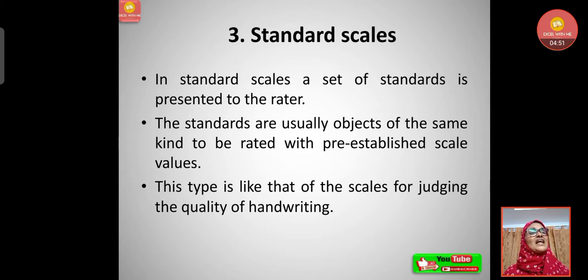The third one is standard scales. In standard scales, a set of standards is presented to the rater. Now the standards are usually objects of the same kind to be rated with pre-established scale values. This type is like the scales for judging the quality of handwriting, for example.